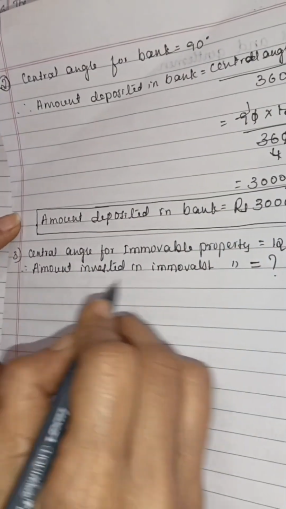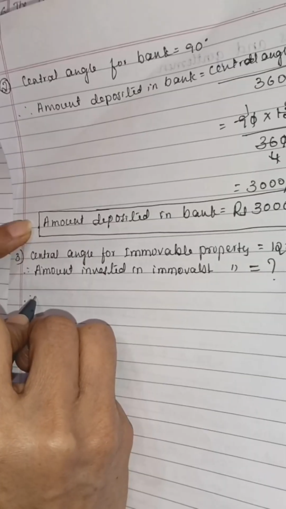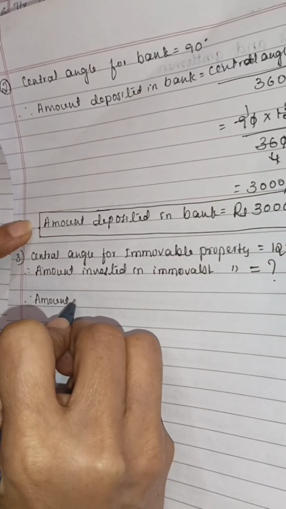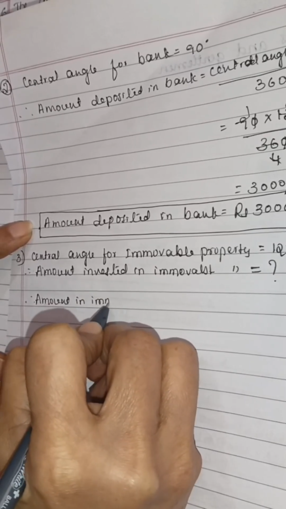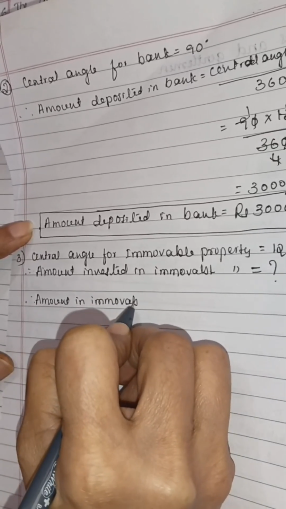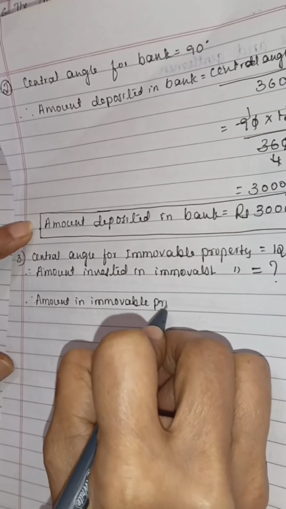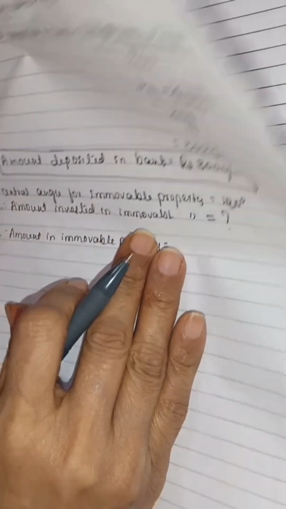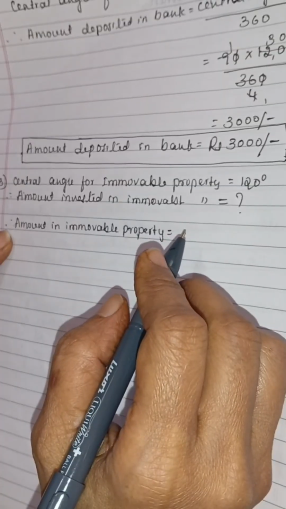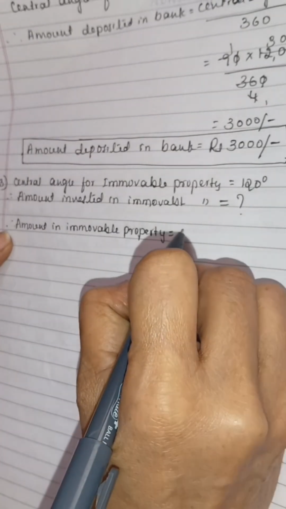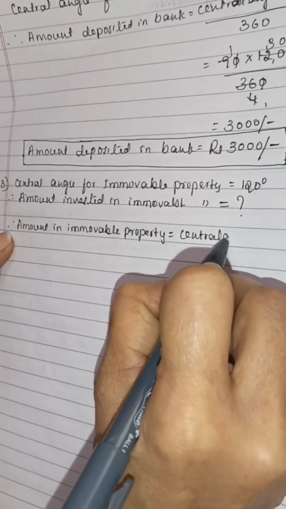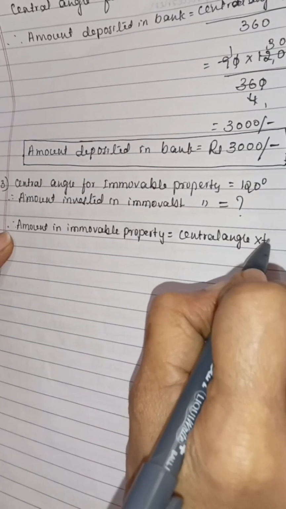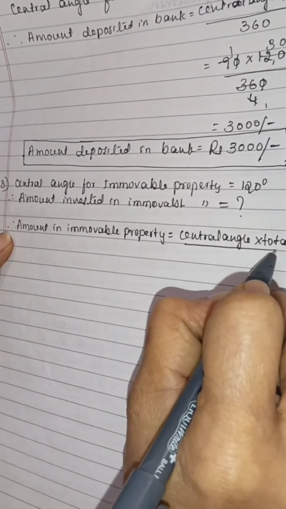Therefore, the amount invested in immovable property is central angle multiplied by total, divided by 360.